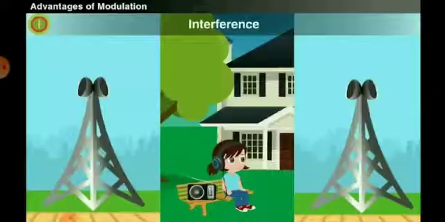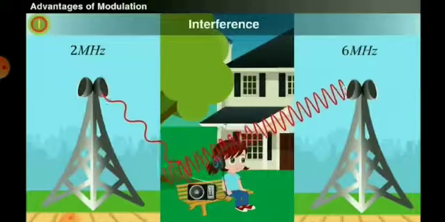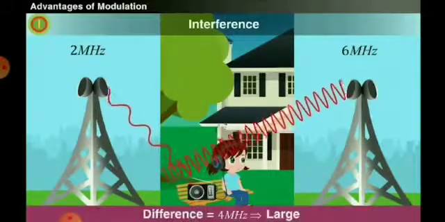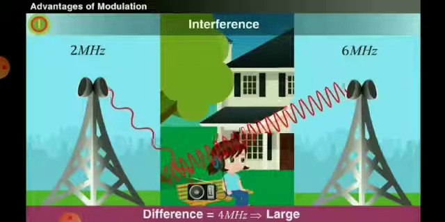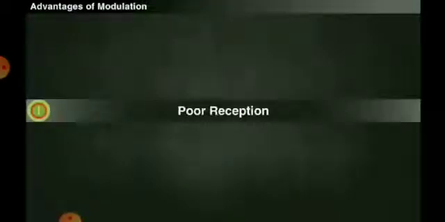To overcome interference, if the stations transmit high frequency signals like 2 megahertz and 6 megahertz, then their difference will be high, that is 4 megahertz, and thus they will not mix with each other. To overcome the problem of poor reception, if the frequency of the signal is high, automatically the energy of the signal will also be high, and hence we can obtain a good quality signal at the receiving end.